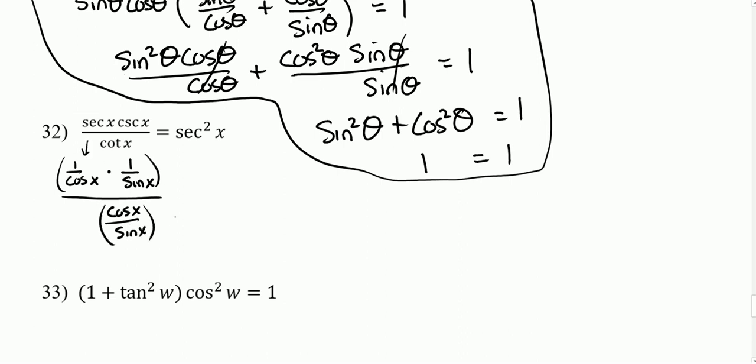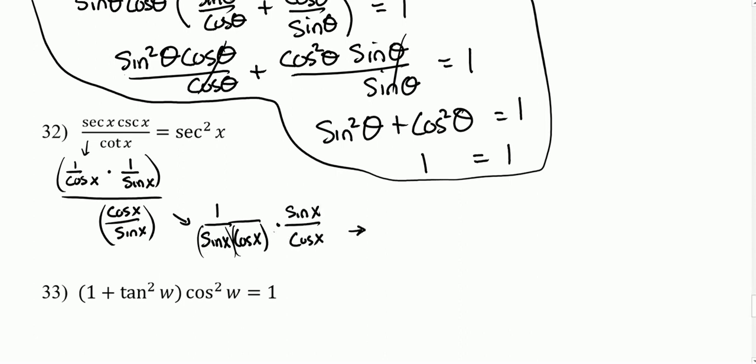Alright, still working on the left-hand side, so then the top part is going to be 1 over sine x cosine x, just multiply them together. They're still separate factors though. Times, I'm going to multiply by the reciprocal of the denominator, so you get sine x over cosine x.